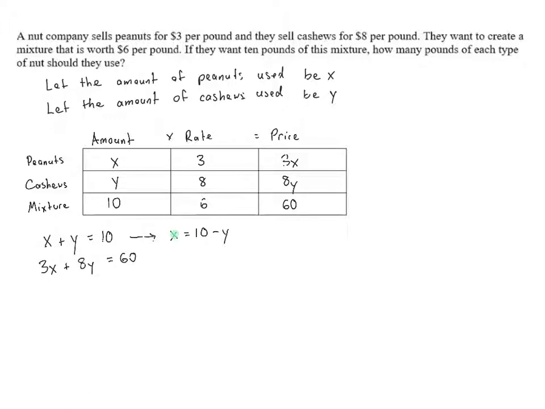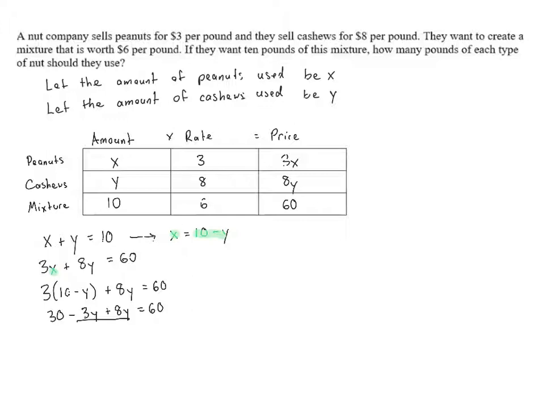Wherever I see an X, I'm going to replace it with 10 minus Y. So going to the second equation, we have 3 times X, which we discovered was equivalent to 10 minus Y, plus 8Y equals 60. If we distribute the 3 on the left-hand side, that gives us 30 minus 3Y plus 8Y equals 60.